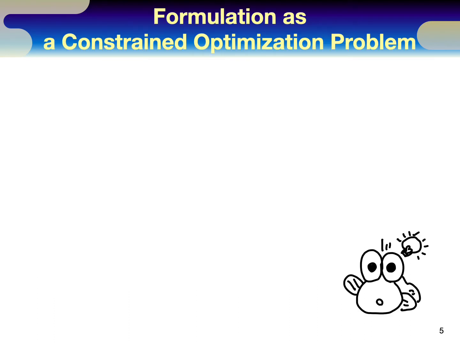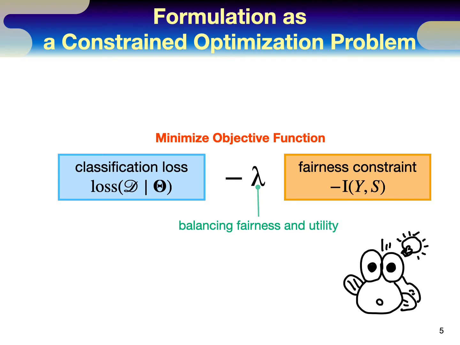While hearing his presentation, I got an idea. This can be formulated as a kind of constrained optimization problem. We can solve the problem by minimizing the objective function, which is a classification loss with a mutual information term as a fairness constraint.